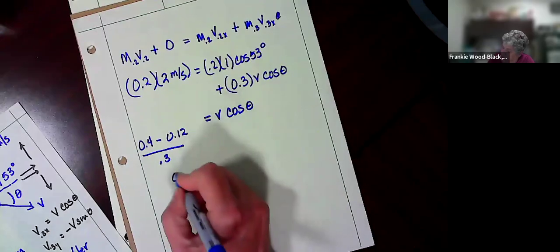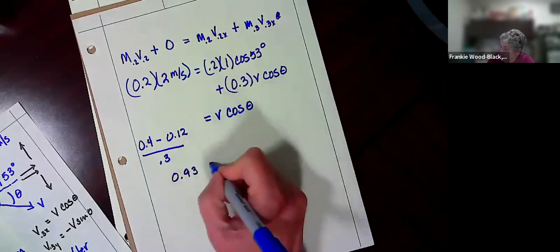This gives 0.93, which is equal to the velocity final times cosine of the angle.